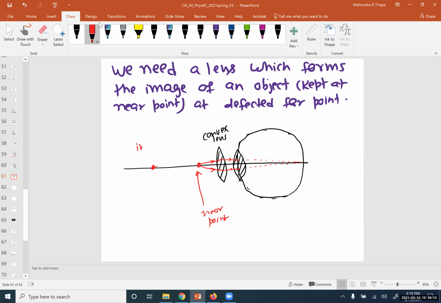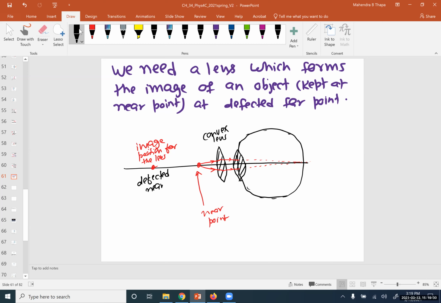So this will be the image position for the lens. This means this image should be at the location of the defected near point.